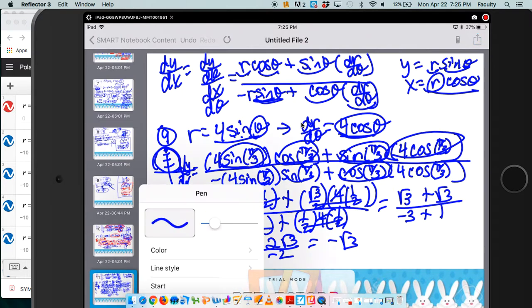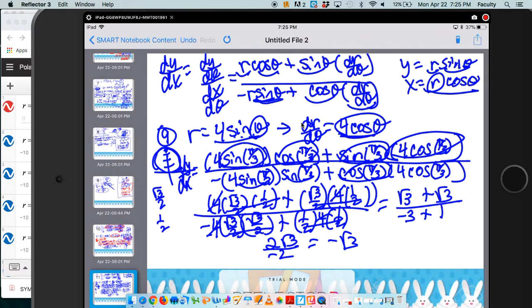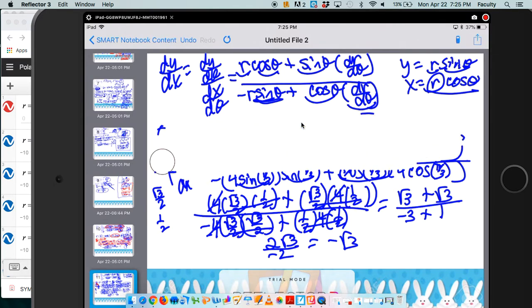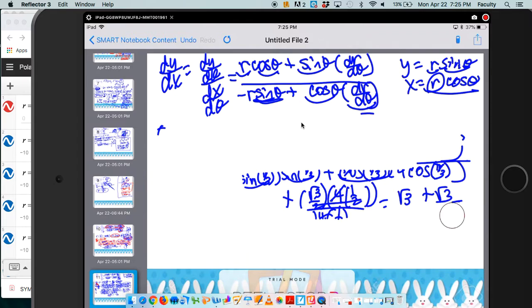All right, now to see what's going on there, if I rotate pi over 3, I'm going about right here. And the slope looks like it should be negative about 1.732. So that makes good sense. All right, let's go to number 10. I'll do it on here so I can look back at my derivative pattern.